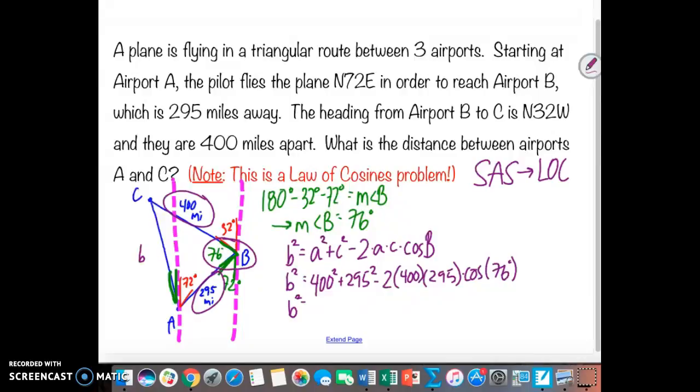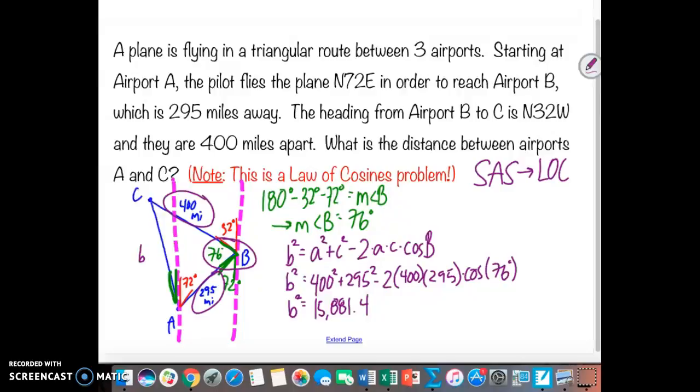This ends up equaling B squared equals 15,881.4. And remember, this is b squared. If you did not get this answer, I would double check to make sure your calculator is in degree mode, and also making sure that you have completed your order of operations correctly. So since b squared equals 15,881.4, we need to solve for b.